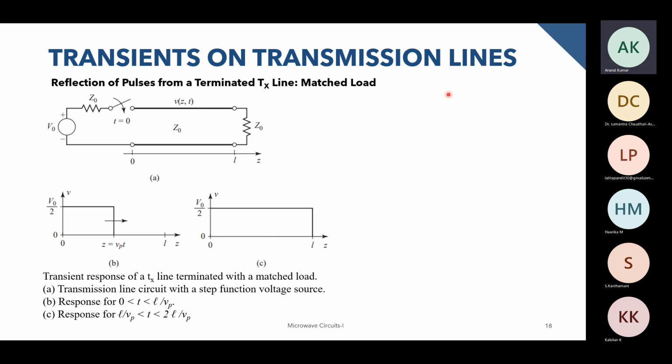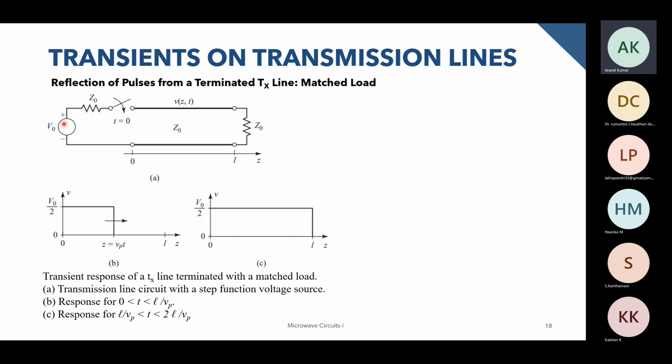Looking at transients on a transmission line: what happens if initially there was no wave propagating, and now you suddenly add a source? As soon as the source is added, what will happen? Here we'll look at a DC source being added to the transmission line.